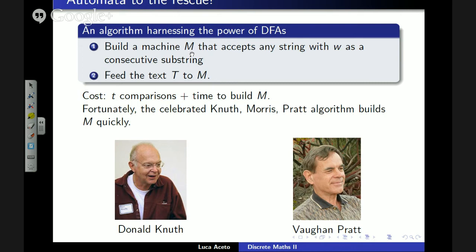But fortunately, three very smart guys, Donald Knuth, whom you see over here, a guy I've already quoted as saying, everything we can teach to a computer is science, everything else we do is art, Morris, whose photo I could not find on the net, and Vaughan Pratt, another really smart guy who at some point was a PhD student of Donald Knuth.